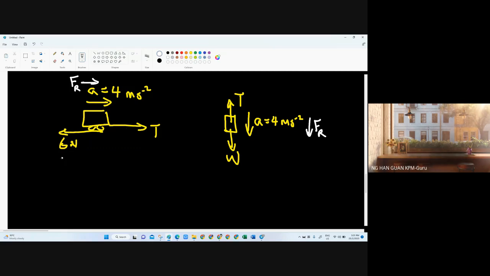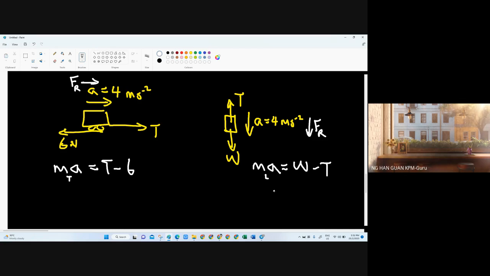In this case, for the trolley, we have ma equal to T minus 6. And for the load here, ma is equal to W minus T, because ma is facing downward. Only the mass for the two is different. This one is the mass for the trolley, and this is the mass for the load.